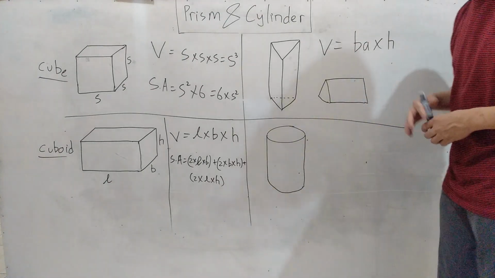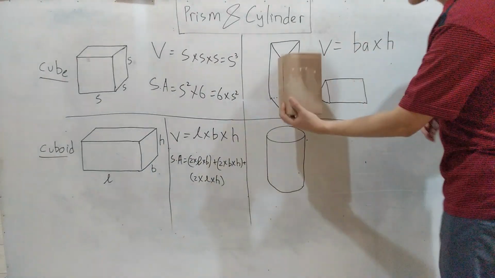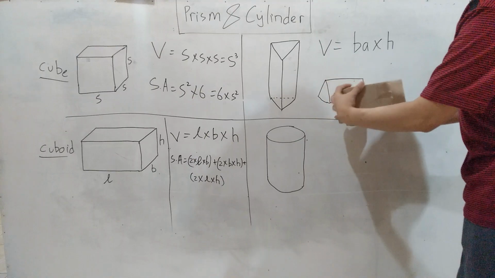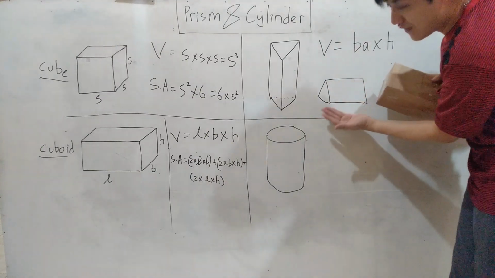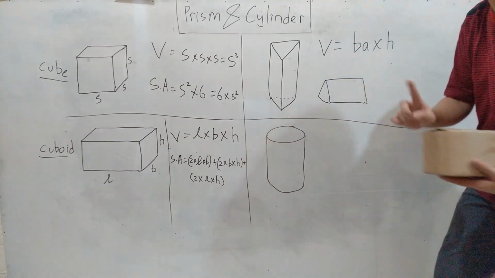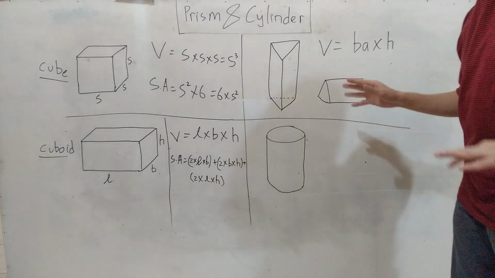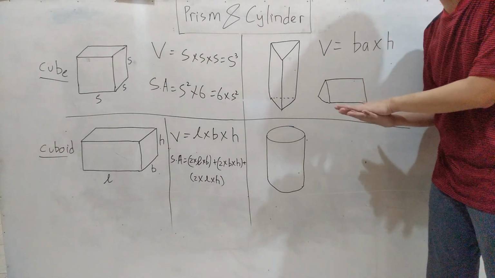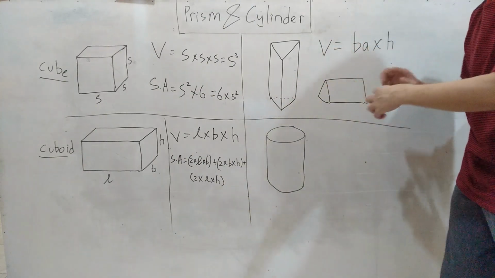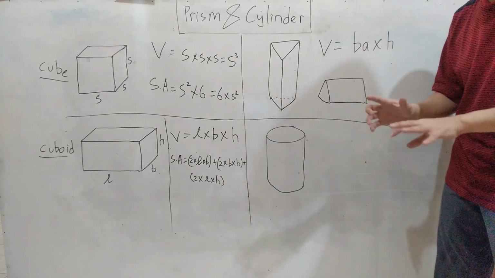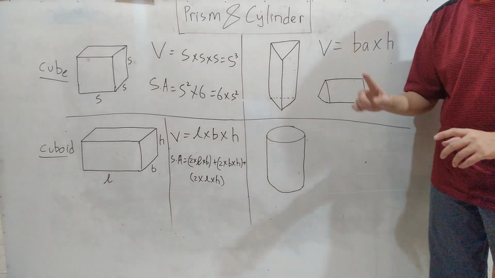Even though now you might think that the part that touches the ground will be the base, it's not. In a solid figure or in a prism, it's not about which one touches the ground. You can put the figure in any position. The point is, the base area is the same as the top.